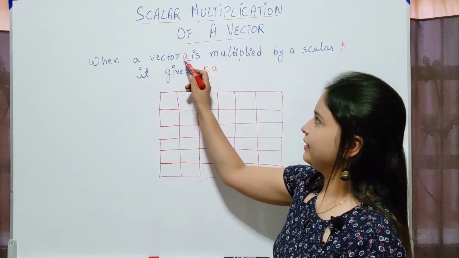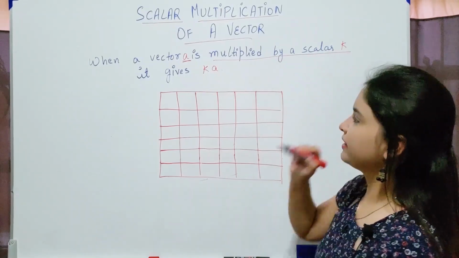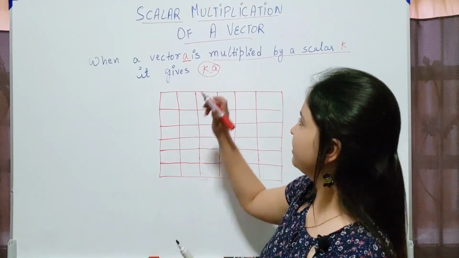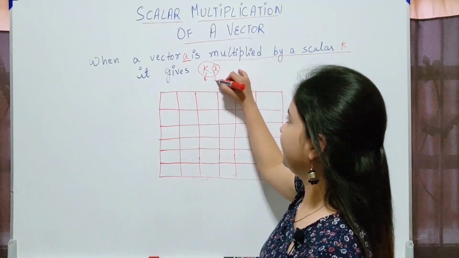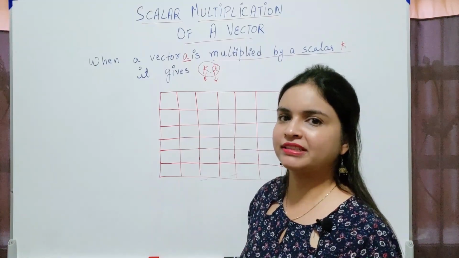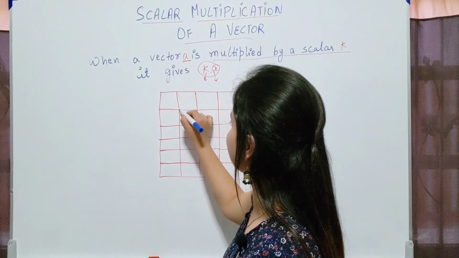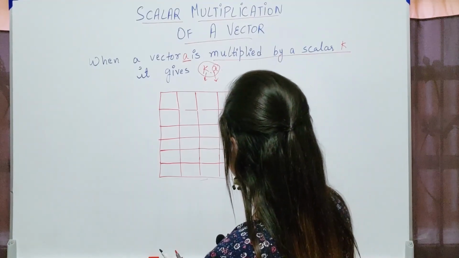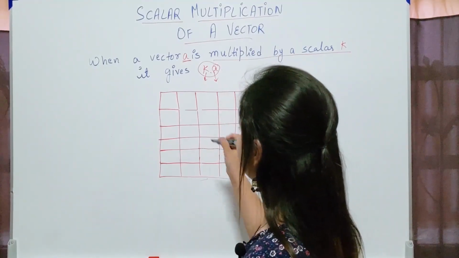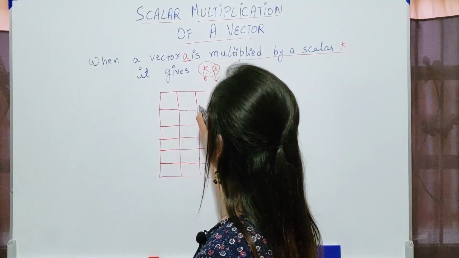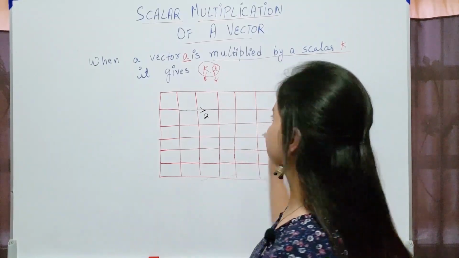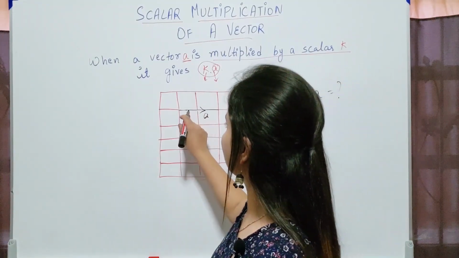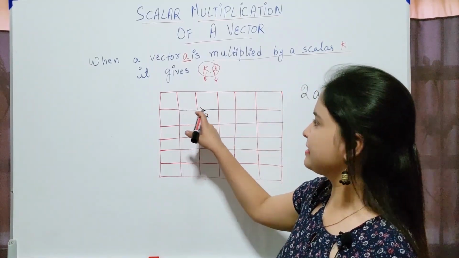When a vector A is multiplied by a scalar k, it gives k times A. So the product of the scalar quantity, which is k, and my vector A is k times A. Suppose, for example, this is my A, and I want to find 2 times A. My question is find 2 times A. So, when I look at this graph, my A is this.